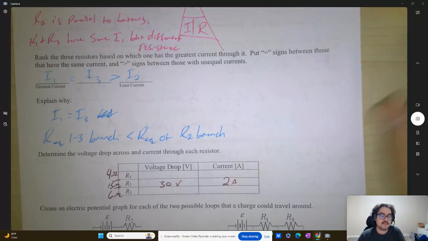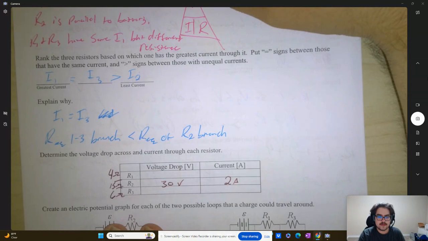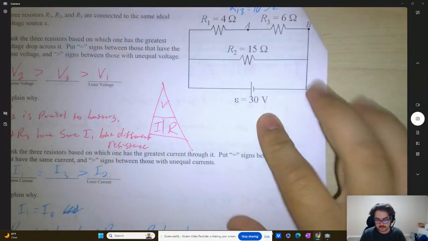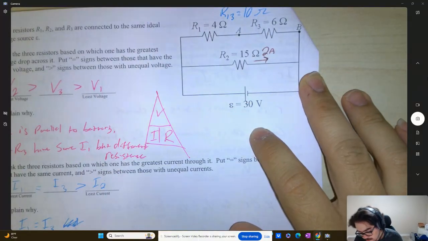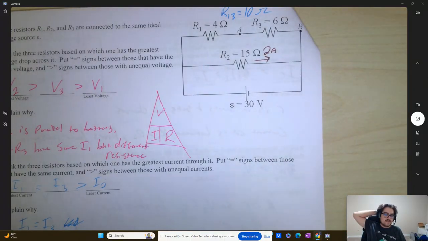Now, what we can then do is we know that this has 2 amps coming out of it. We need to figure out the remaining amount of amps. The easiest way to do this is probably to get the equivalent resistance.